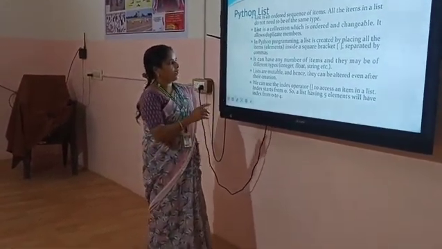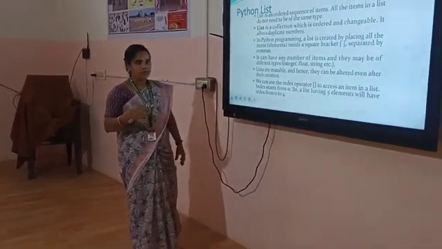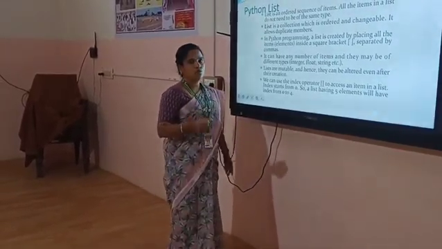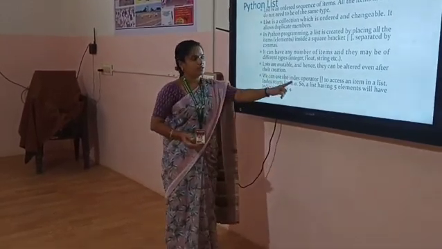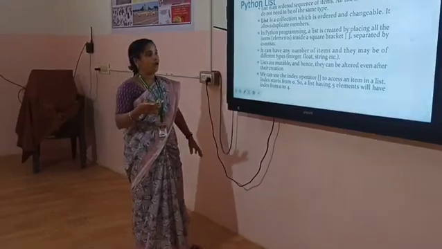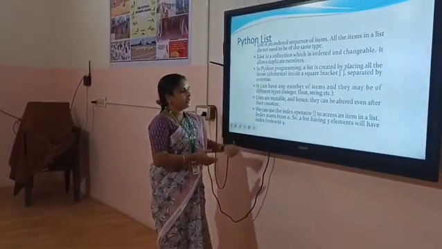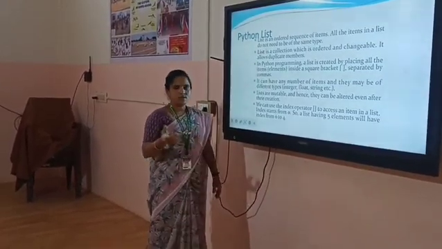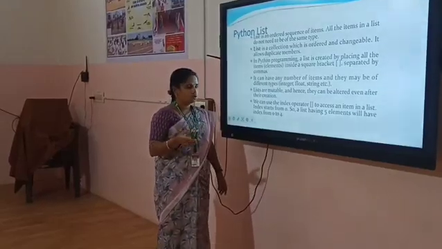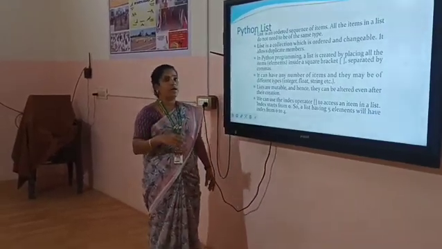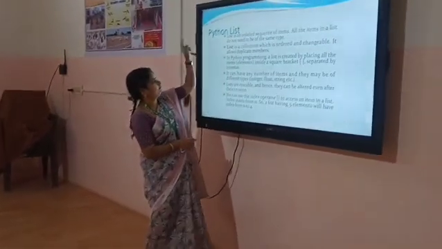It can have any number of items and they may be of different types: integer, float, string and so on. Lists are mutable, so they can be altered even after creation. We can use the index operator to access an item in a list. Index starts from 0, so a list having 5 elements will be indexed from 0 to 4.